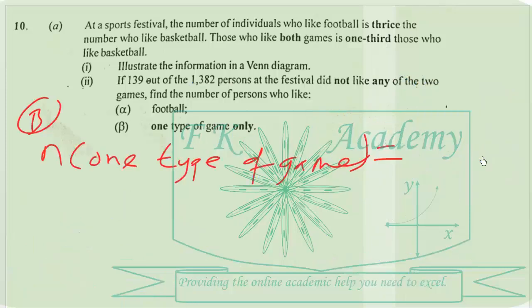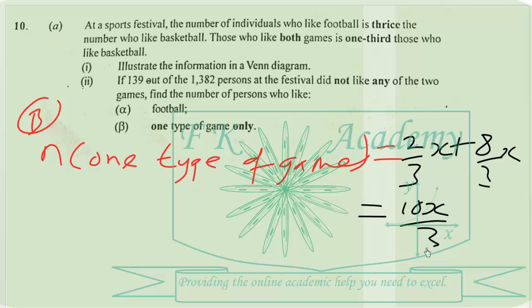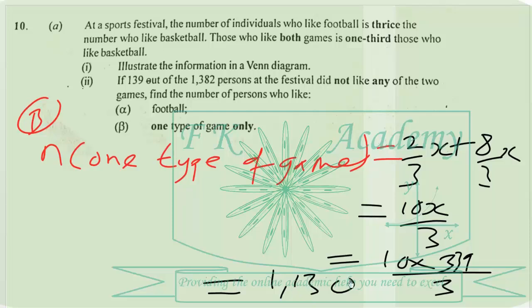So we will have 2 over 3 times 3x plus 8 over 3x, which will give us 10x over 3. And we substitute x equal to 339. 10 times 339 over 3. That will give us 1,130 people.